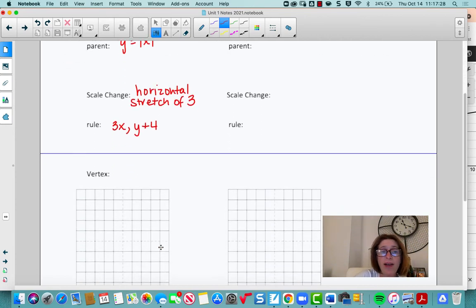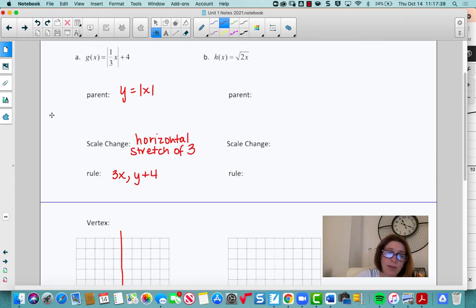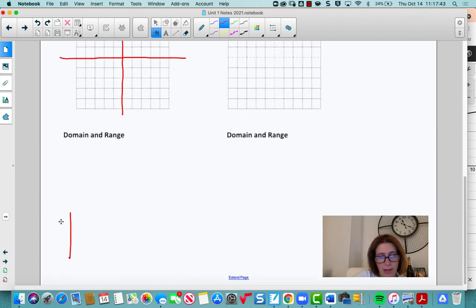Okay, so to graph this, not too bad. Let me go ahead and put these in now. I know that I'm horizontally stretching this graph and I'm moving it up 4. So I'm going to take my parent graph. Let me make some room here. X, y. 2, negative 1, 0, 1, 2, 2, 1, 0, 1, 2.